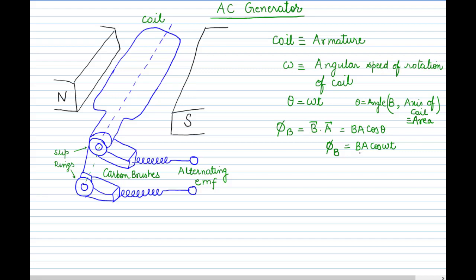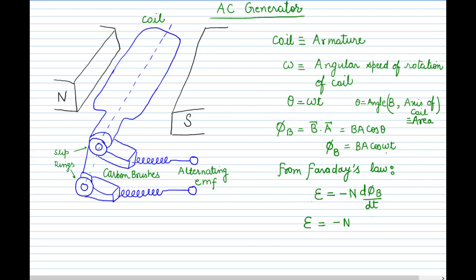omega t. Now we have to write down the electromagnetic induction, so we can use Faraday's law. The EMF is given by the change in the magnetic flux. If there are N turns, then E is equal to minus N d phi B upon dt. Now we have to differentiate this phi B with respect to time. So we get the induced EMF E is equal to minus N d by dt of BA cos omega t.